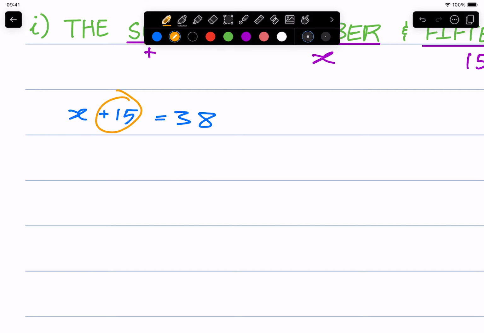So we can see that there's a plus 15. The opposite of this is we minus 15 on both sides. This removes the 15s. This leaves X on its own. The equals sign stays where it is. 38 take away 15 is going to be 23.